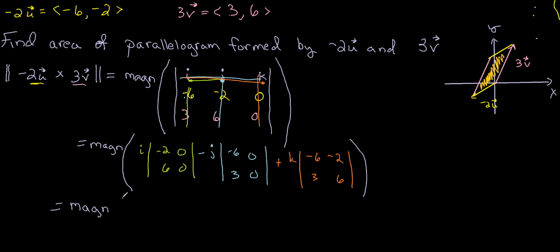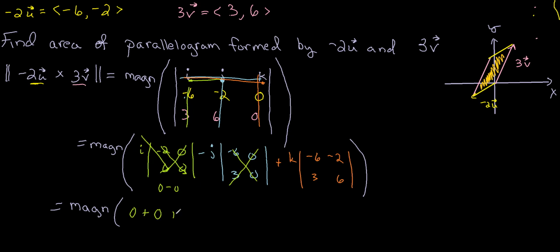So I need to do the magnitude of. Notice in here when I do my determinant calculation, I essentially have 0 minus 0. So nothing to report. Over here, same thing. When I multiply those diagonals, I get 0, nothing to report.